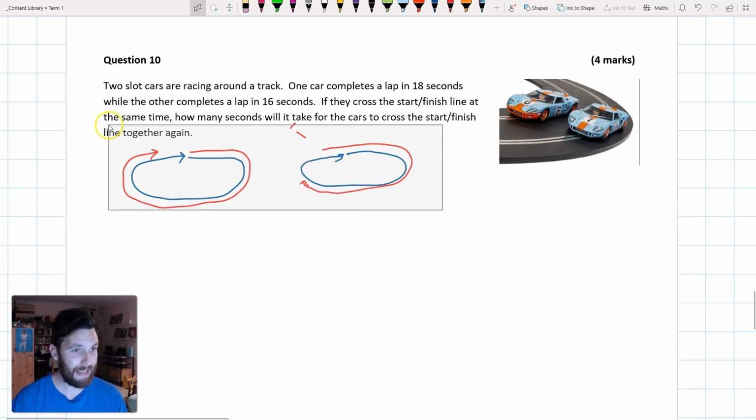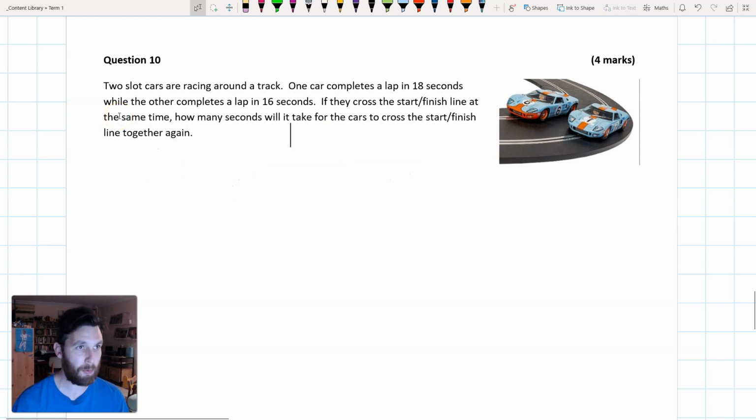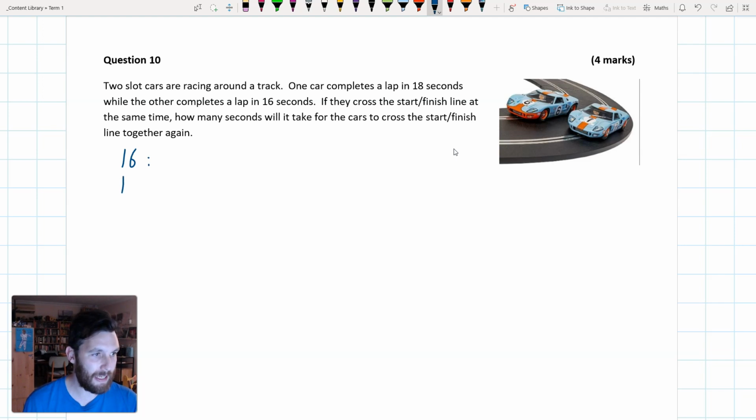So this is a lowest common multiple question. You want to find out the smallest number that 18 and 16 both fit into. And there's a couple of ways that you could do that. One would be to list the multiples of 16 and list the multiples of 18 and figure out which is the smallest number that comes up first.